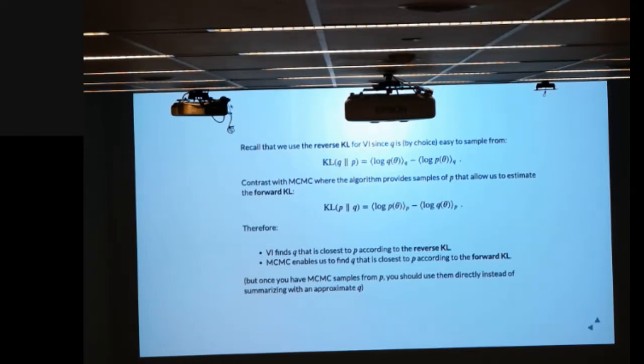To contrast these, what variational inference is doing is finding the Q that is closest to P according to the reverse KL. But using a Markov chain, if you define an approximating family and plug in the samples from your chain, Markov chain Monte Carlo lets you find the member of the approximating family that's closest to P according to the forward KL.